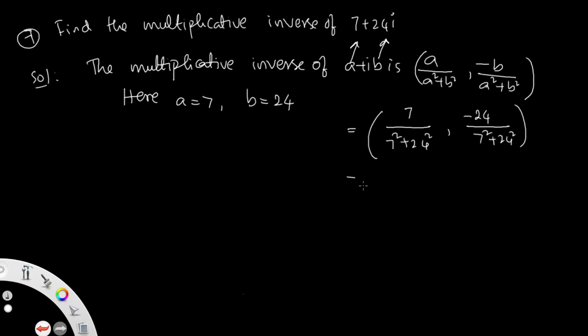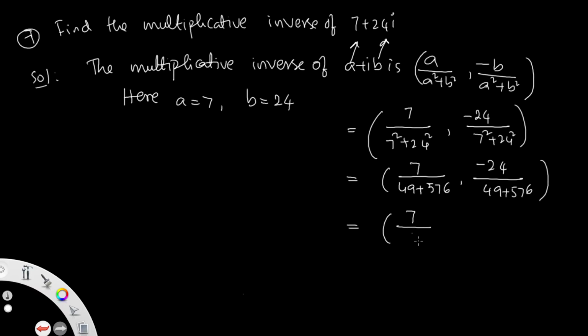That is nothing but 7 by (49 plus 576), minus 24 by (49 plus 576). That is 7 by 625, minus 24 by 625. That's all. When we substitute in the formula, we get the multiplicative inverse of the given complex number as 7 by 625 minus 24 by 625 i.